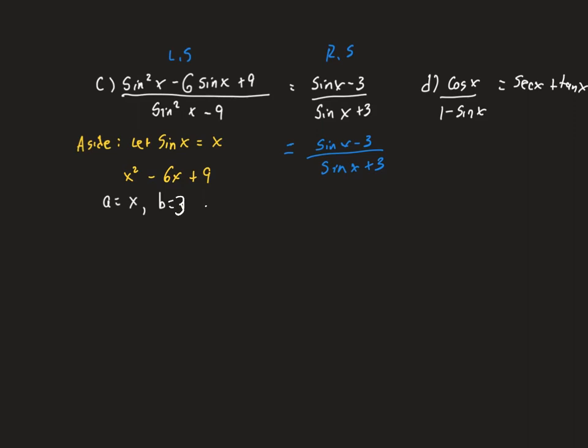So remember, perfect squares should always be in this form, a squared plus 2ab plus b squared. Is that true?